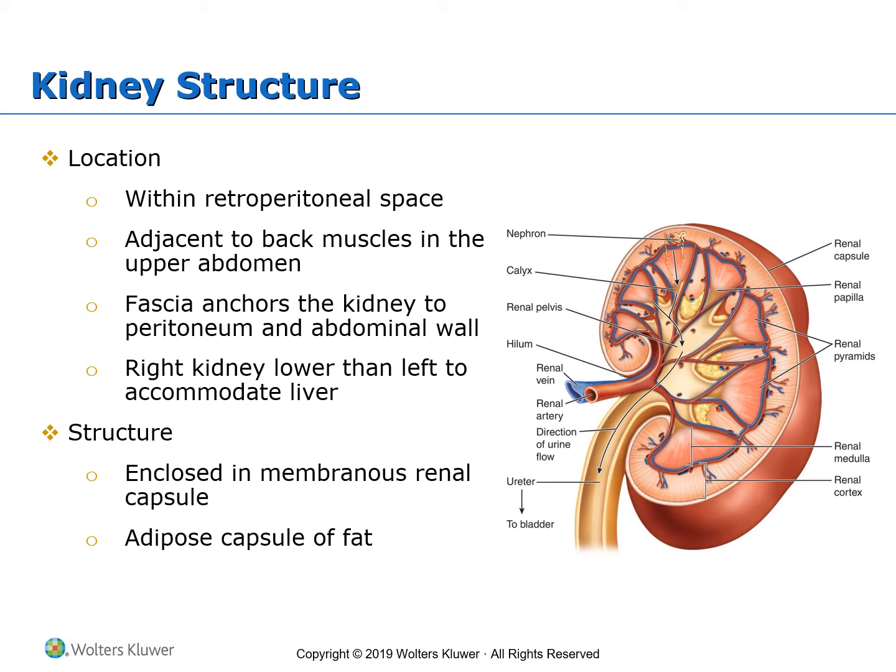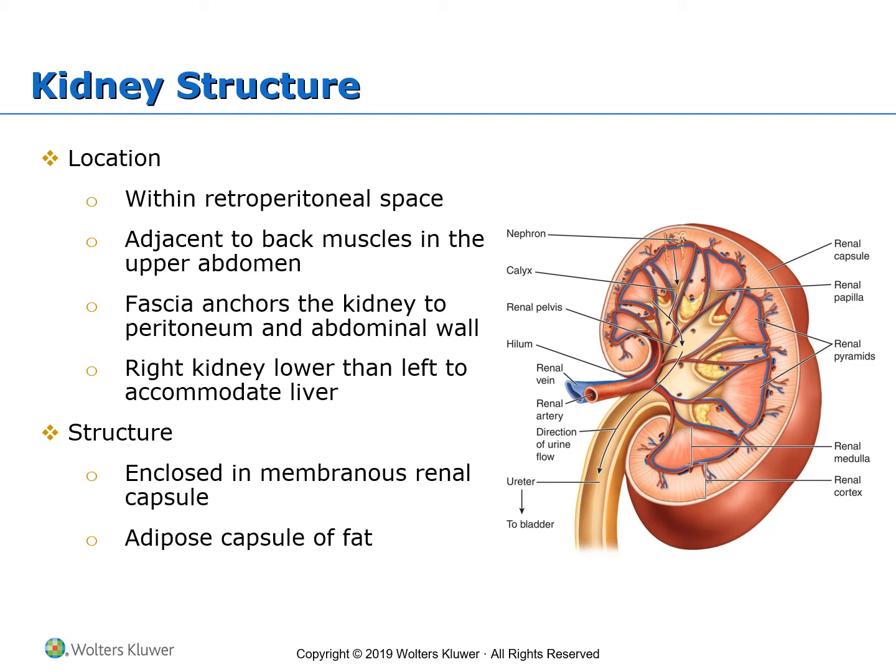The peritoneum is covering them from their anterior side. They are positioned roughly at the level of the last thoracic and first three lumbar vertebrae. The right kidney is slightly lower than the left one, again, because the liver is a big organ and it's pushing everything a little bit aside or down.